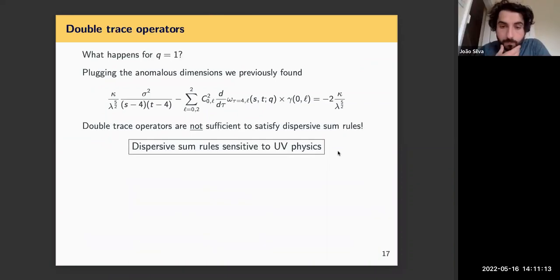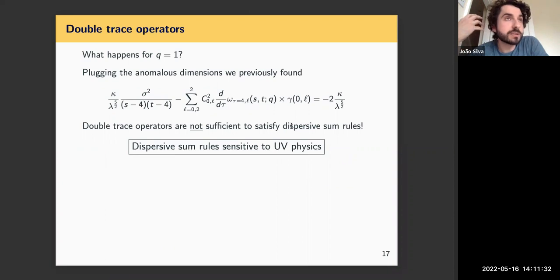Okay, so we consider the protected operators and the double trace operators, and they are not enough to satisfy the dispersive sum rules. But these are all the operators that have, let's say, low energy, or that have small twist.